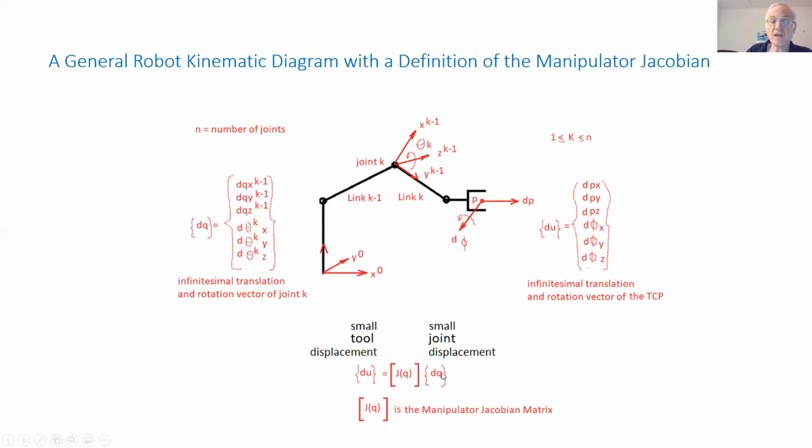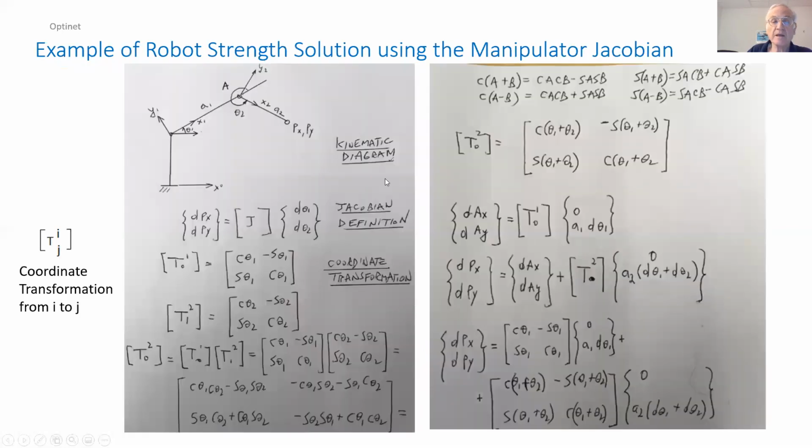And then what we get is that the delta of the U positions, all these small displacements at the gripper, equals the Jacobian times all the small displacements at the joints.